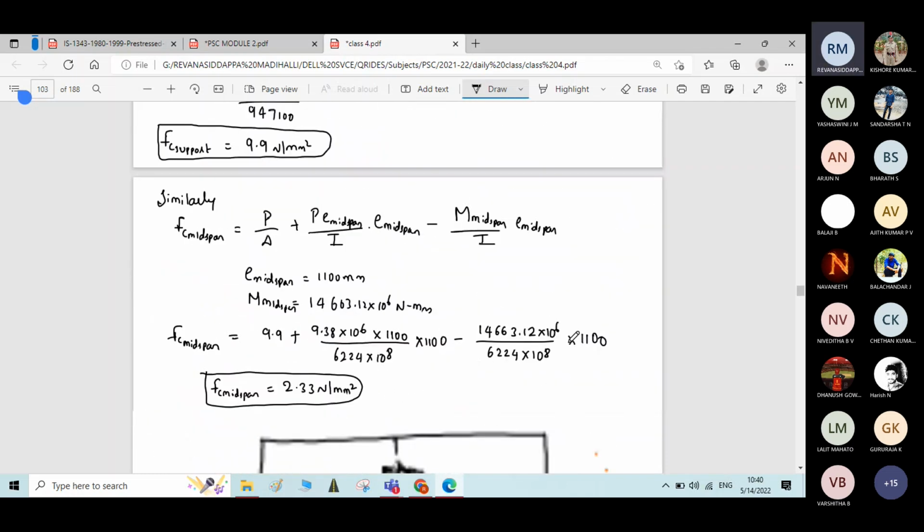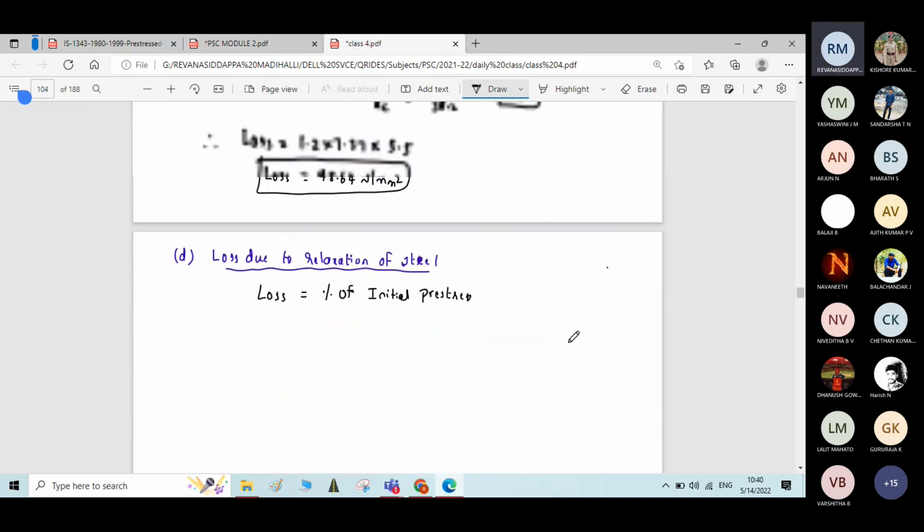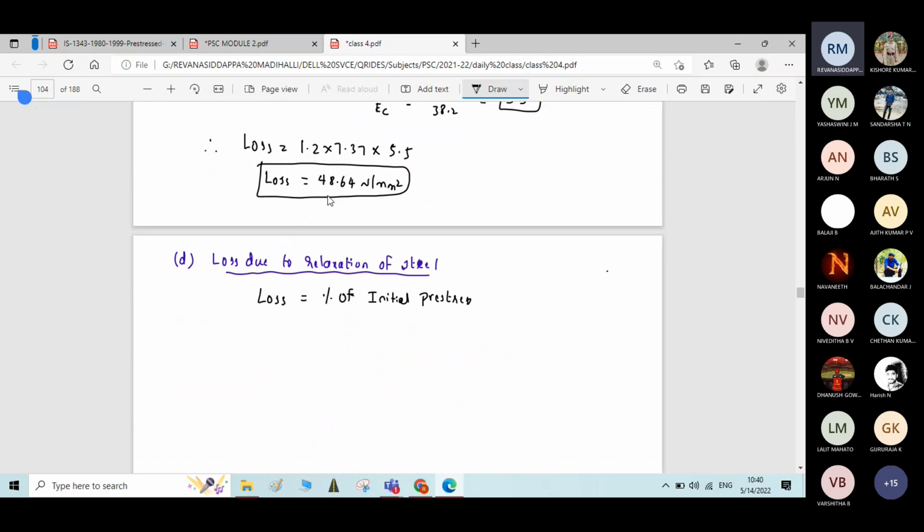Below the line you write: percentage of relaxation of steel is given as 2%. Correct?